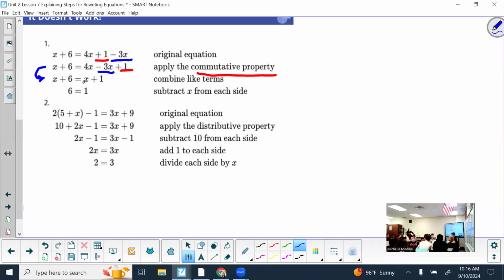Maybe you were thinking we do have to move the variable to one side. You could have done it in this step, but it's probably wiser to combine like terms first and then move it. When you are moving a variable to one side, does it matter which one you move? Doesn't matter. You can move the left x to the right or the right x to the left.